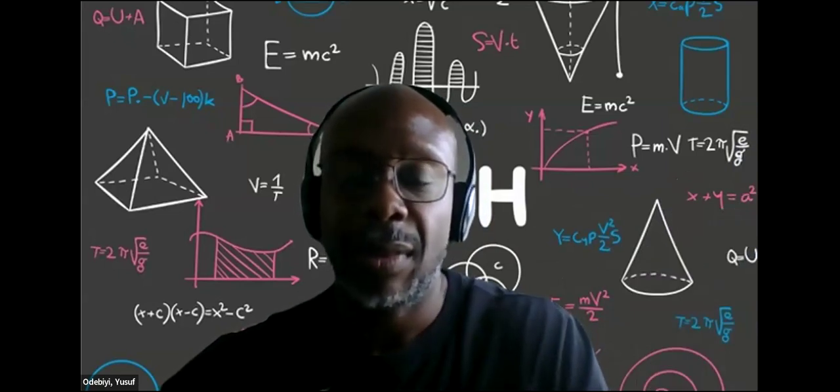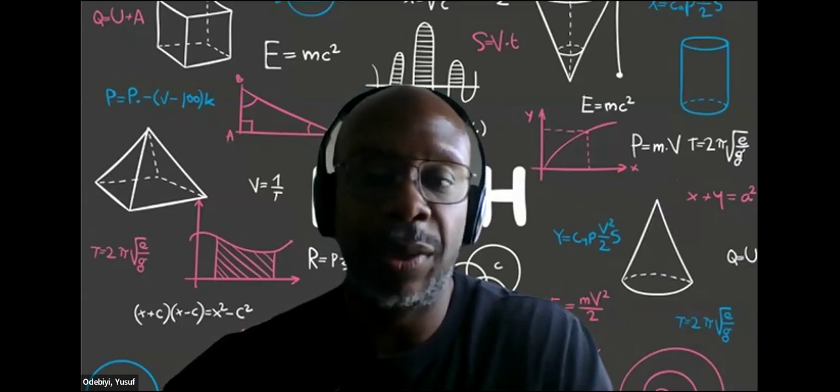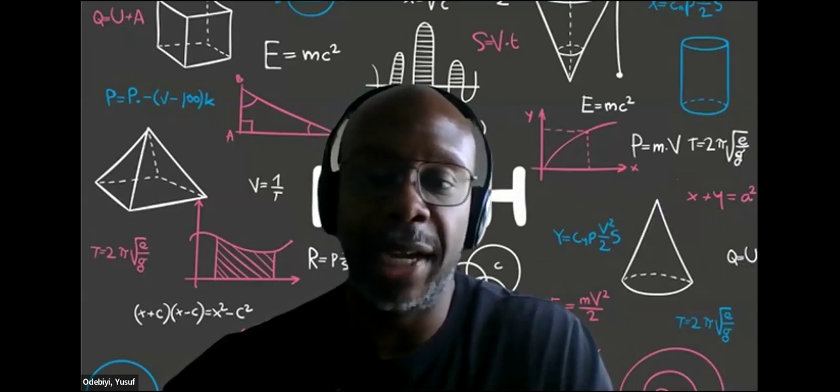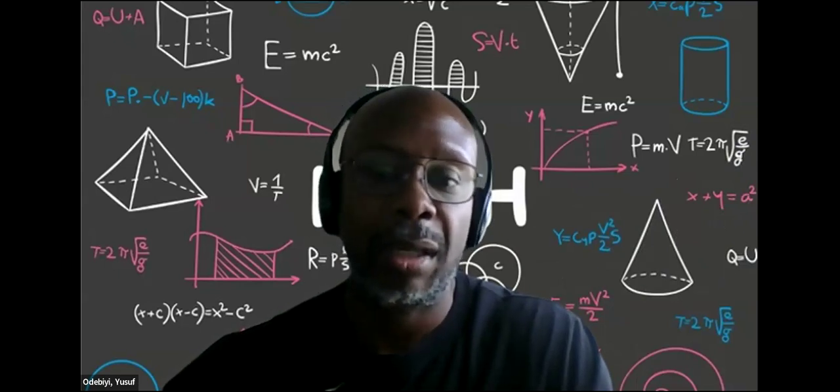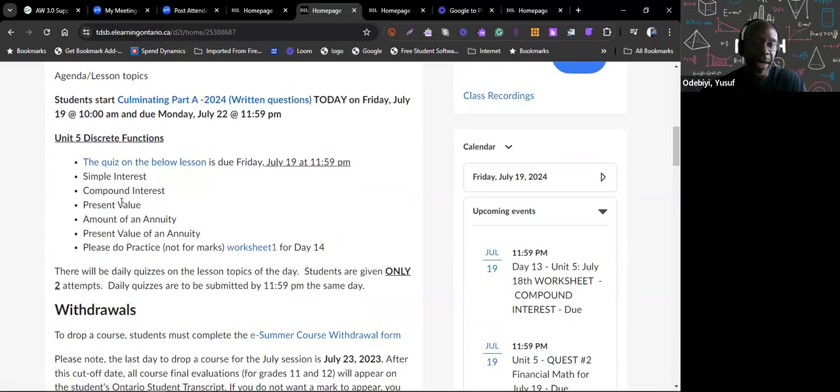I'm emphasizing Monday. Someone asked what a test is, so let me share my screen. We have a collimating, part A. You're going to get part B next week, and you also have a quiz today based on what I talked about on simple interest and annuities. These are things you have due today, and the collimating is due on Monday.